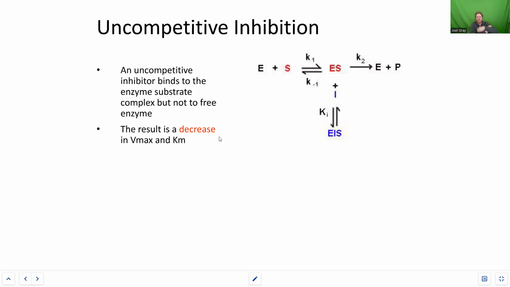Km, if your Km decreases, what does that say about your enzyme's affinity for the substrate? How does your enzyme's affinity for your substrate change if the Km is going down?